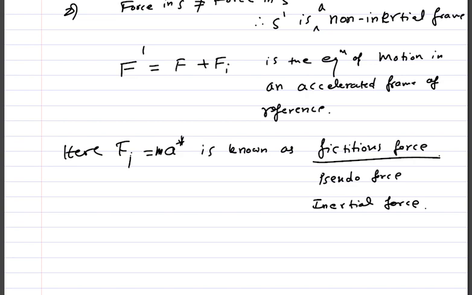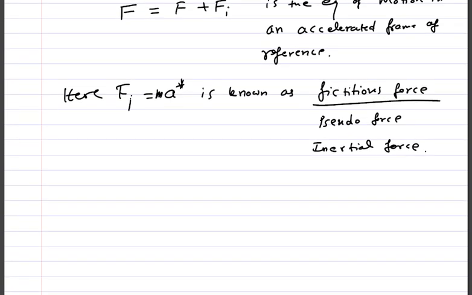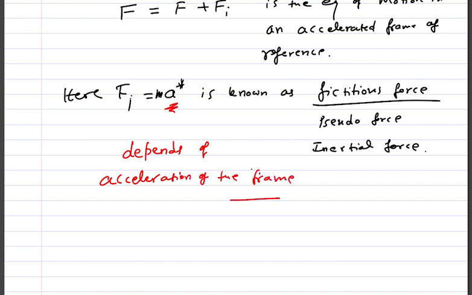Fictitious force is the usually widely used word. Sometimes they use pseudo force. So it depends on the acceleration of the frame. Okay, that is very important to remember. It depends on the acceleration of the frame.